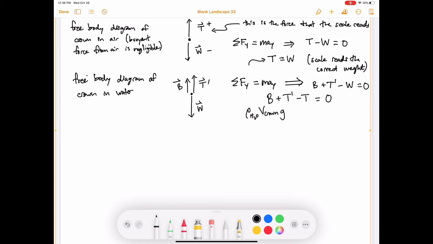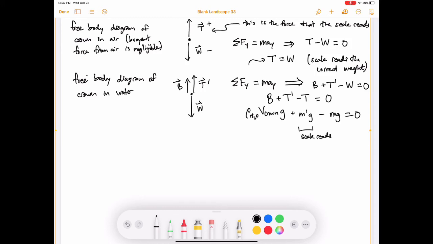Okay, T prime, again, that's what the scale reads when the crown is submerged in the water. So we can call this M prime times G. Okay, so this is what the scale reads, is that weight. And T is what the scale reads when the crown is in air, so we can call that M times G.